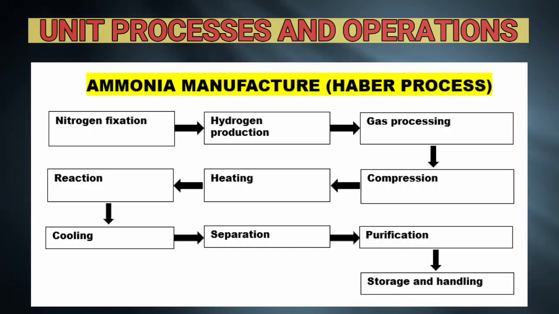Then we now have the gas processing. The gases are to be processed by removing impurities such as hydrogen sulfide, carbon dioxide from the gas streams, and then adjusting the ratio of the nitrogen to hydrogen to typically 1:3, and then this is followed by compression of the gases, which has to do with raising the pressure of the gas mixture typically to 200 to 400 atmospheres.